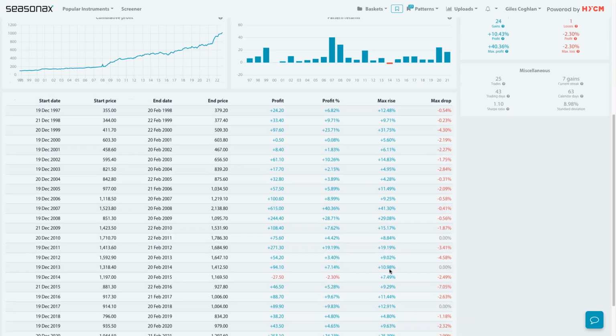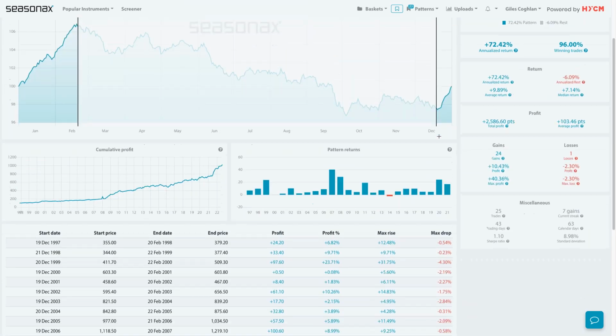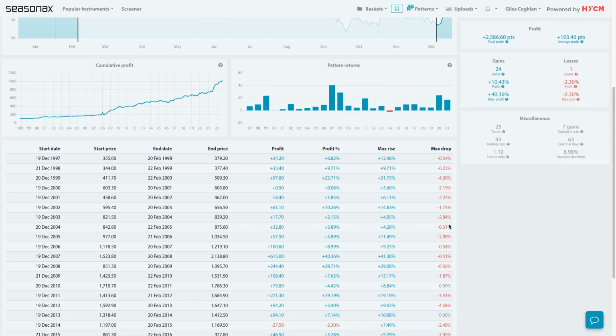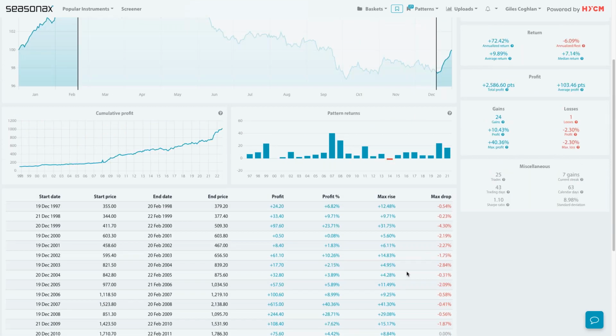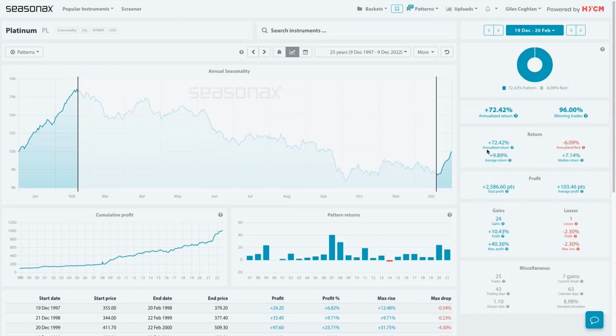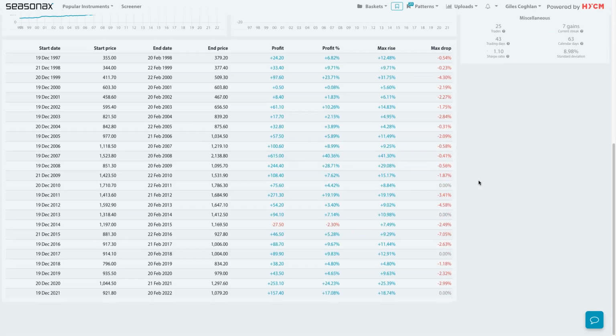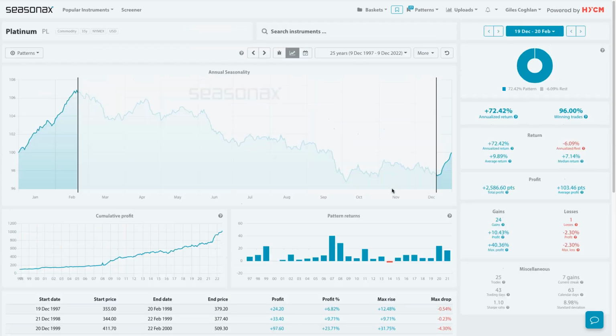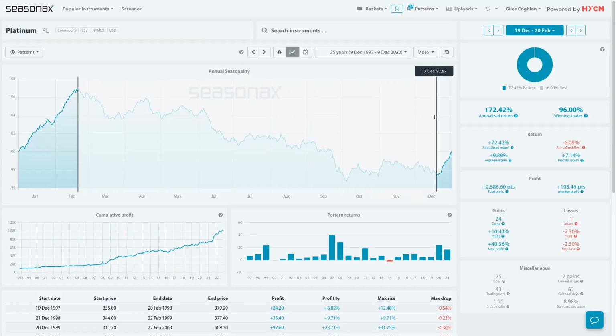Do you see how incredibly strong that seasonal pattern is? The maximum drawdown has been, I think, around 7%, here in December 2015, and the average return has been 9.89%. So in terms of commodities to consider for a seasonal pattern, wow, platinum gains have been absolutely huge.